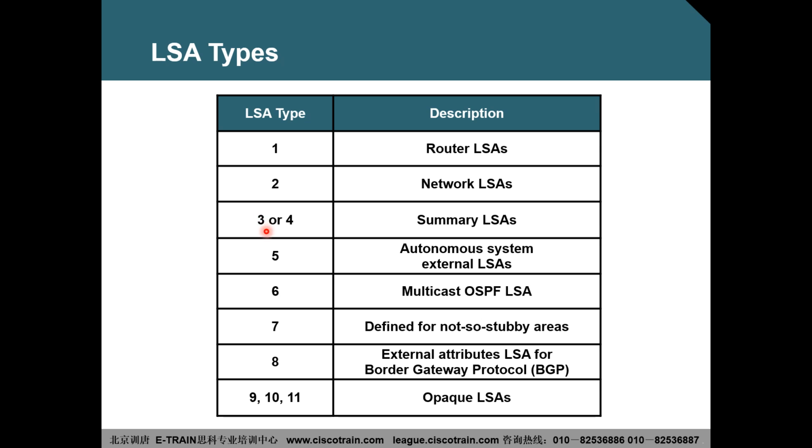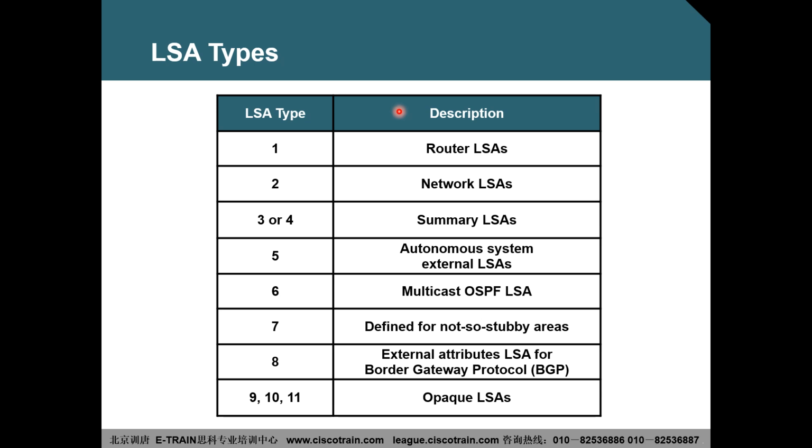Because type 4 and type 3 originate from the ABR, they got the same name, summary LSA. Type 4 is not going to carry any network information. It carries only the router ID of the ASBR. External networks are carried inside OSPF as type 5 LSA, and this type 5 originates from the ASBR itself.